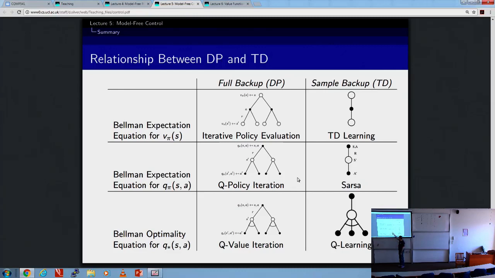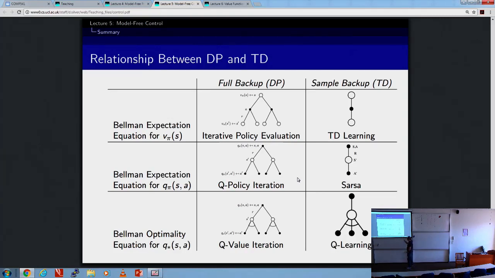So I consider all R, S prime pairs. And from those S primes, I consider all my possible actions and their Q values. And I do a backup, setting this equal to the value that comes from the maximum value action.